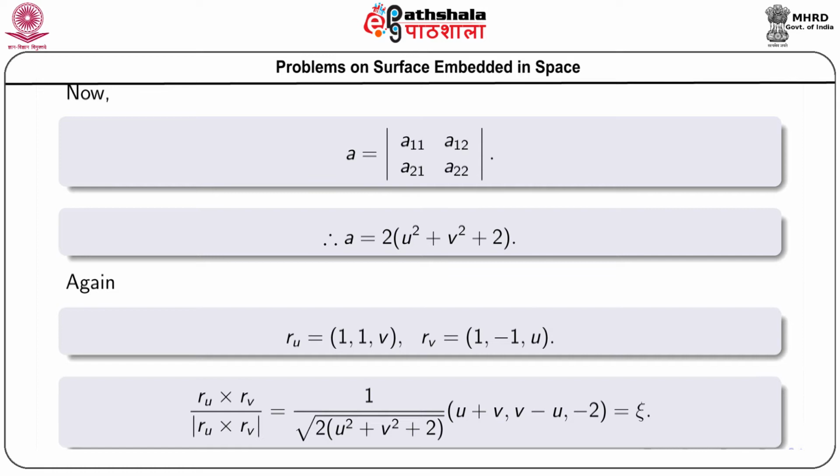So, we can find xi, which is the surface normal, and that can be obtained by this expression: R u cross R v by mod R u cross R v, because xi is a unit surface normal vector, and which is coming to 1 by root over 2 u square plus v square plus 2, times the vector u plus v, v minus u, minus 2.